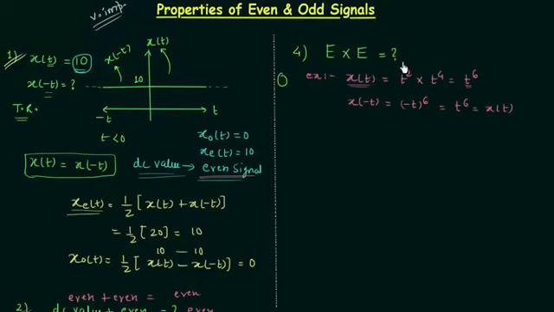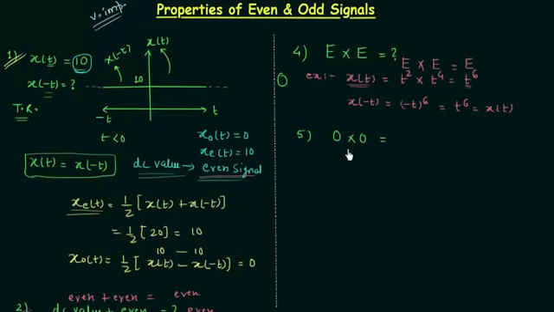So t raised to power 2 is also an even signal, and t raised to power 4 is also an even signal, and when they are multiplied, the result is also an even signal. So in property number 4, when we multiply two even signals, the result is also going to be an even signal.